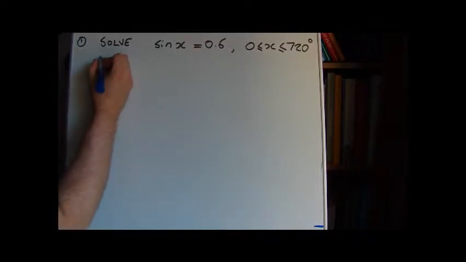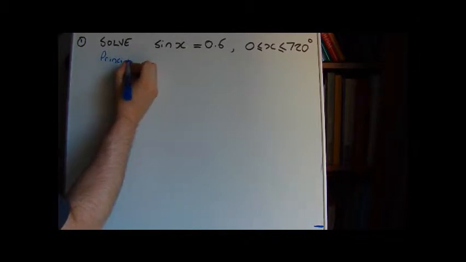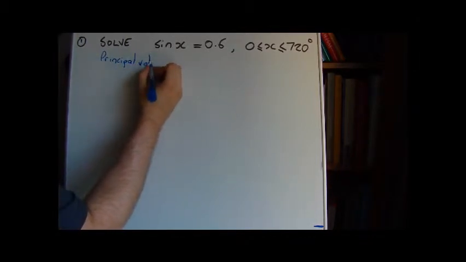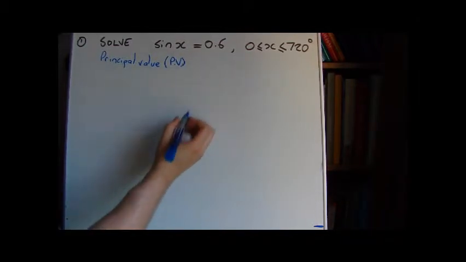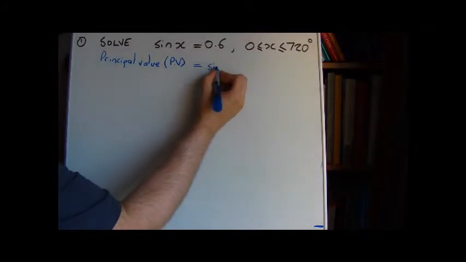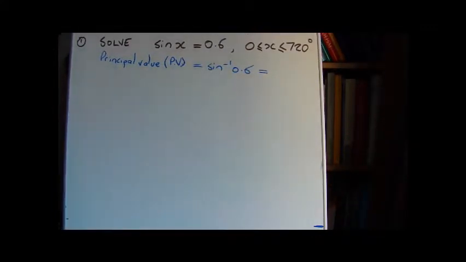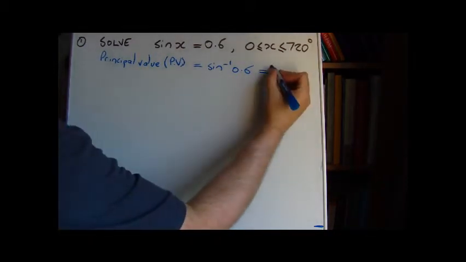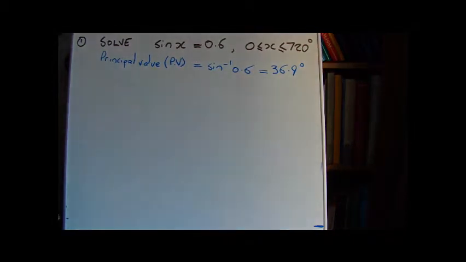The first thing we have to do with this particular problem is find the principal value. Being a lazy mathematician, I'm going to abbreviate that to PV from this point forward. And we find it by doing the inverse sine function of 0.6. Let's work to one decimal place, and we find that it's equal to 36.9 degrees.